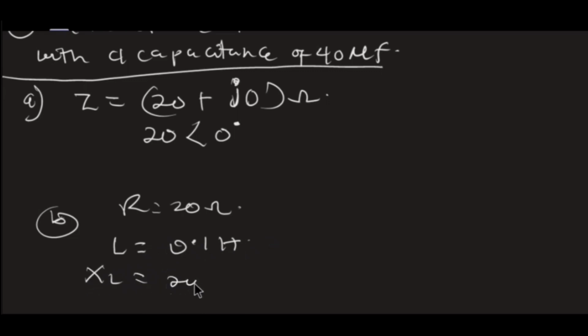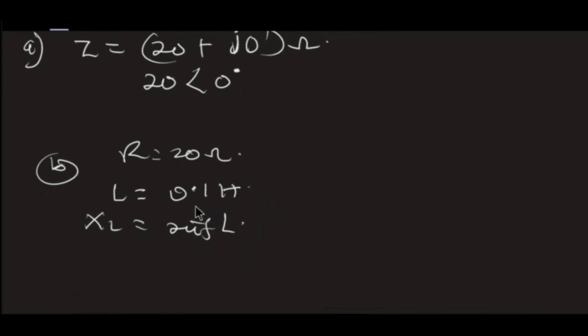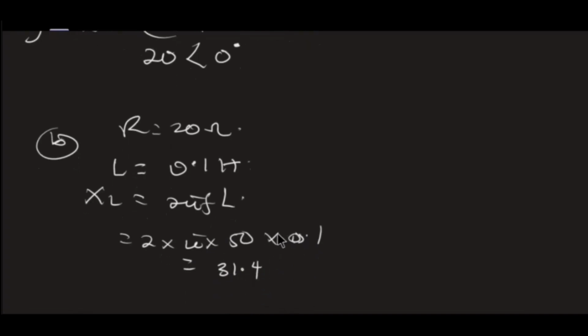XL is equal to 2 pi f L. So that is 2 times pi times my frequency 50 given by the question times 0.1, and this will give me 31.4 ohms, and it's an inductive reactance.